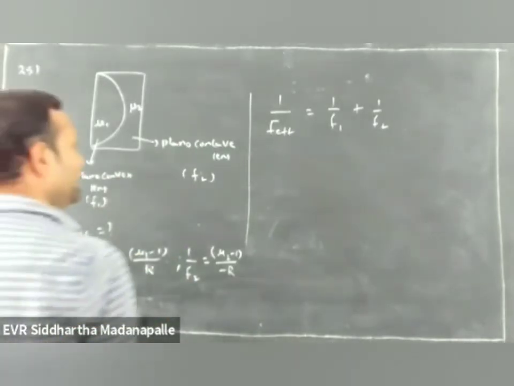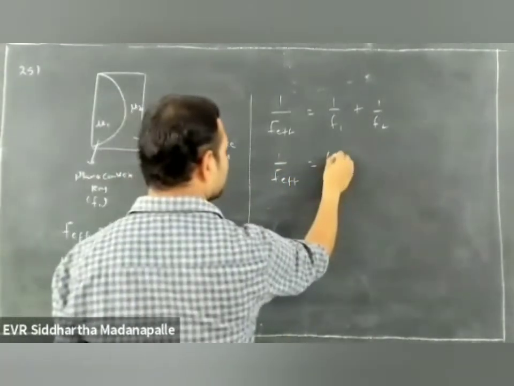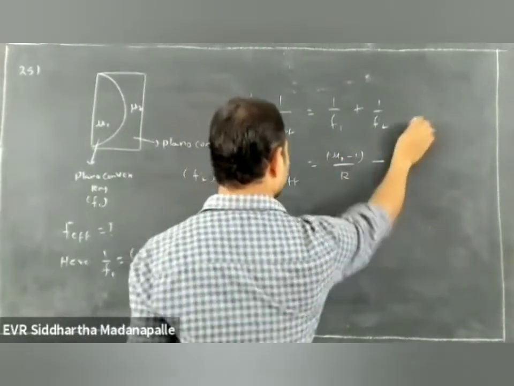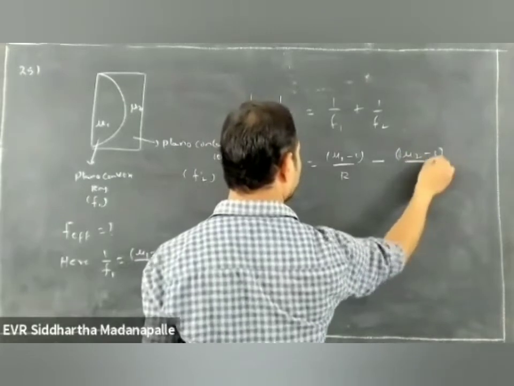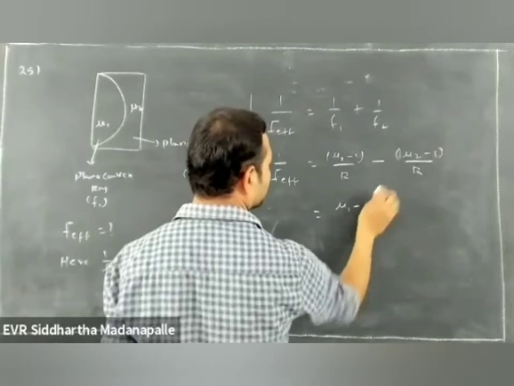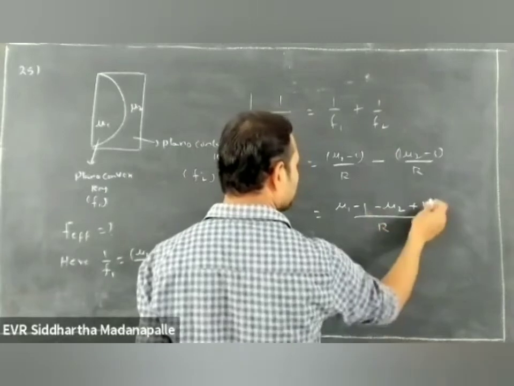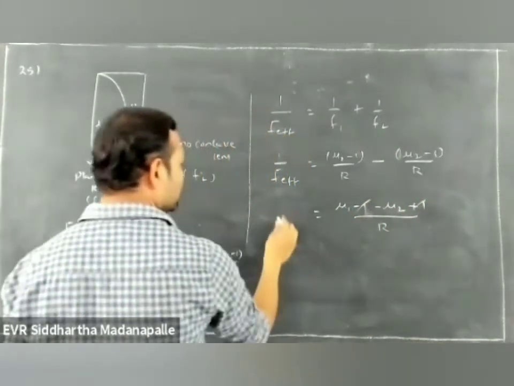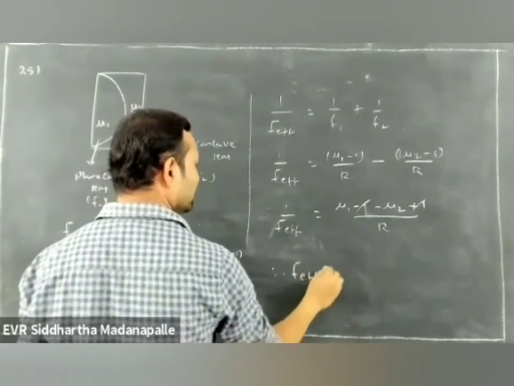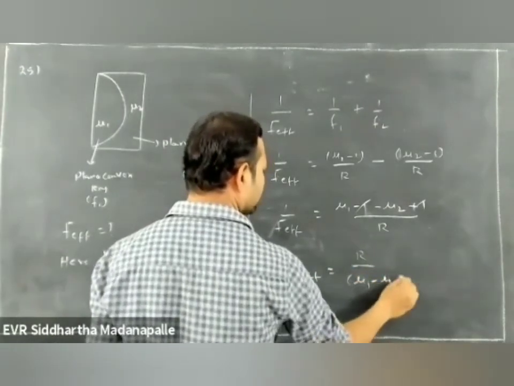Now substituting, 1 by f effective is equal to mu1 minus 1 by R minus mu2 minus 1 by R. Rewriting, the plus 1 and minus 1 get cancelled. Therefore the effective focal length is R by mu1 minus mu2.